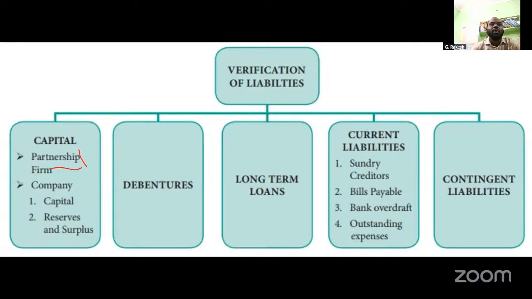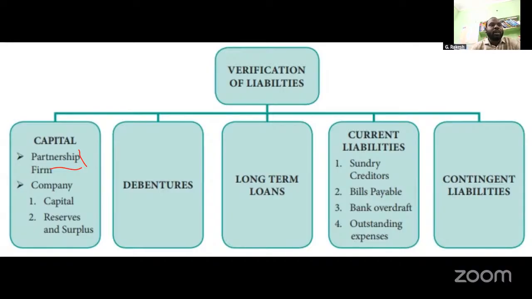This total set of agreements recorded on paper is the partnership deed. The auditor should verify it to find out the original capital contributed by each partner and the rate of interest payable on that capital. And after the partnership deed, he should verify the capital accounts.